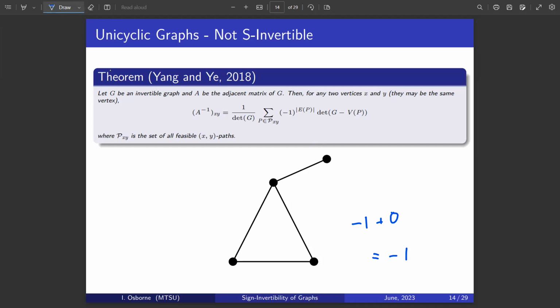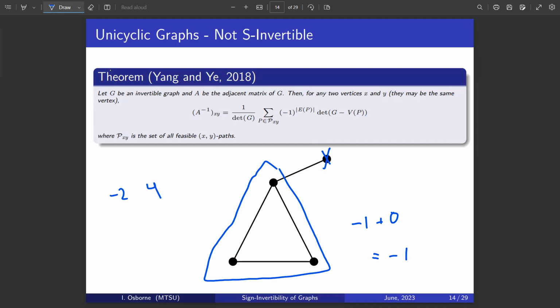But then if you start by eliminating this peg vertex here, you start to have issues. Then you're left with just this cycle. And from the results earlier from Akbari and Kirkland, the determinant of an odd cycle is either going to be -2 or 4. I don't remember which one.